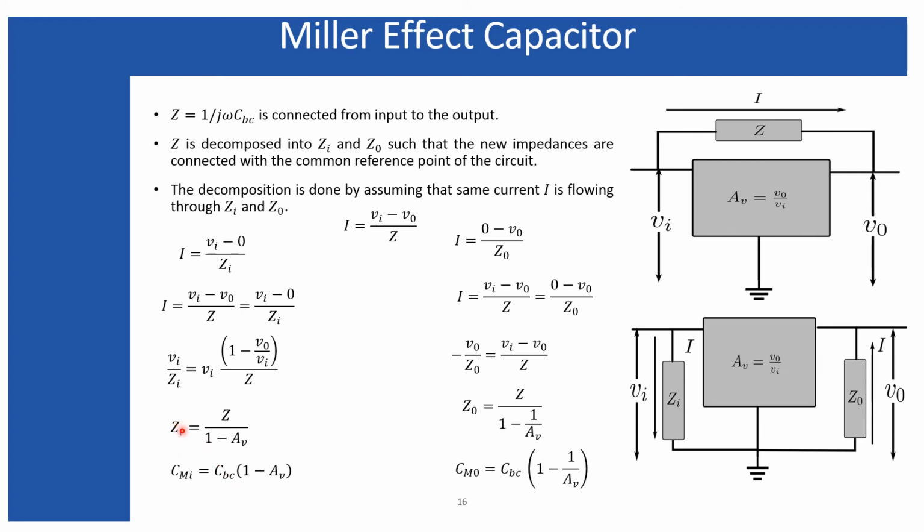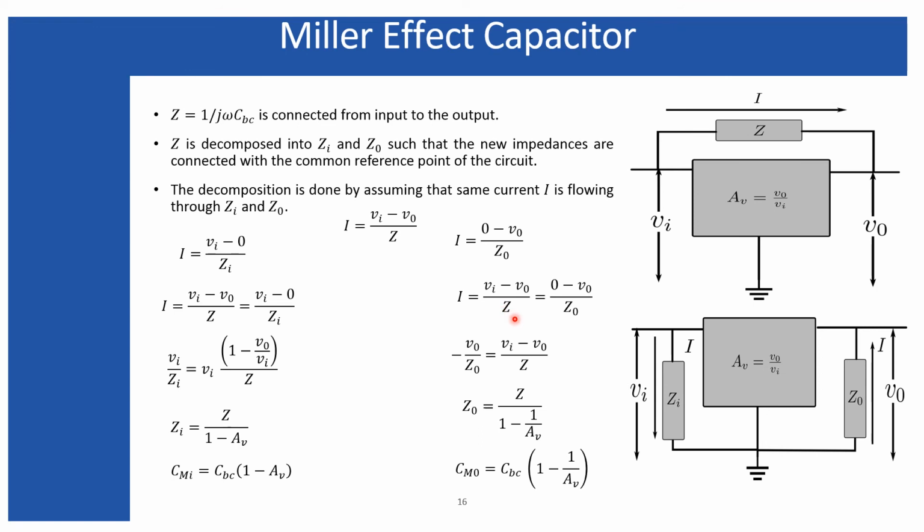So if I replace here 1 by j omega CMI, the similar term I have to replace over here, so Z should be 1 by j omega CBC, then CMI should be equal to CBC times 1 minus AV. So the Miller capacitor at the input side, we can write in this way. That means a capacitor equivalent having the value equal to CBC times 1 minus AV, we can connect directly from the input terminal to the common reference point.